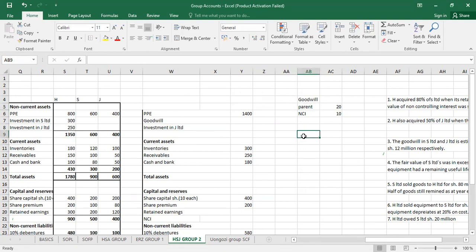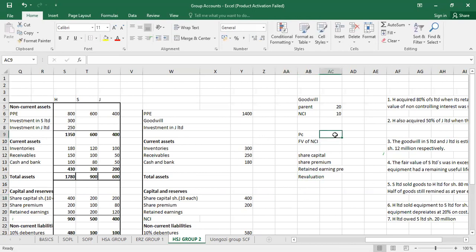In the goodwill computation, we had purchase consideration, then the fair value of NCI, then less net assets acquired. So we have share capital, share premium, retained earnings, pre-acquisition, then revaluation.